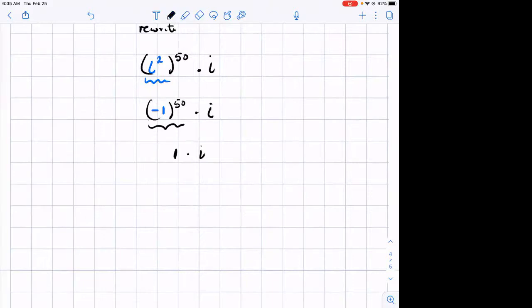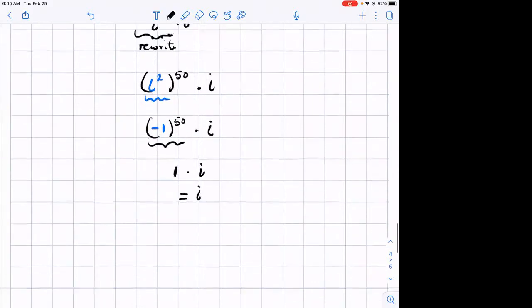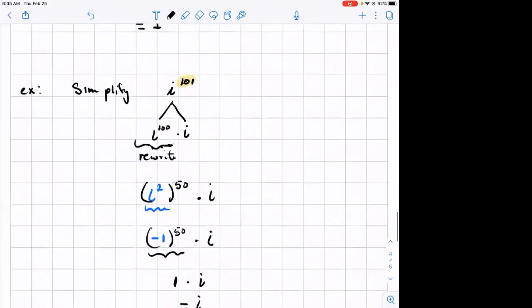And 1 times i, then our answer is i. So as you can see, any power of i can be simplified. Doesn't matter how big or how small it is. This is something that you will have to be aware of.